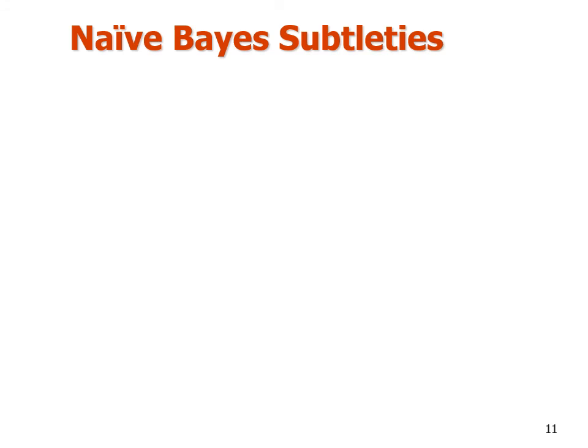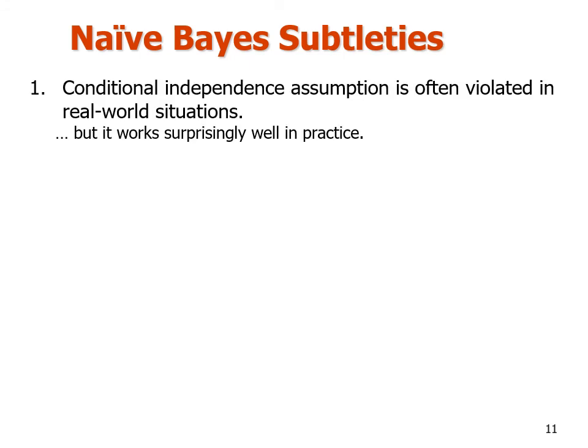Now let us have a look at some important points to be noted regarding Naive Bayes algorithm. Number 1, we assumed while defining Naive Bayes algorithm that the attributes should be conditionally independent of one another.